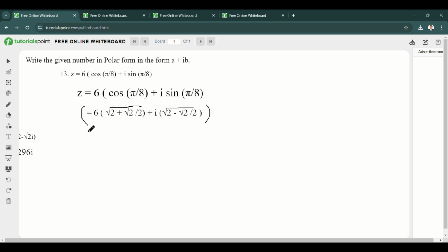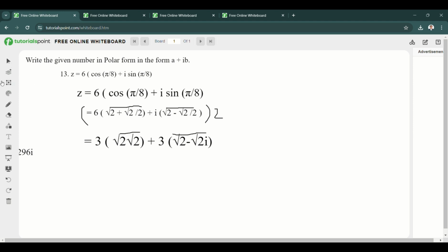So divided by 2, we will get these values. So 6 will become 3, while this one will become square root of 2 plus square root of 2 plus 3 square root of 2 minus square root of 2 i.